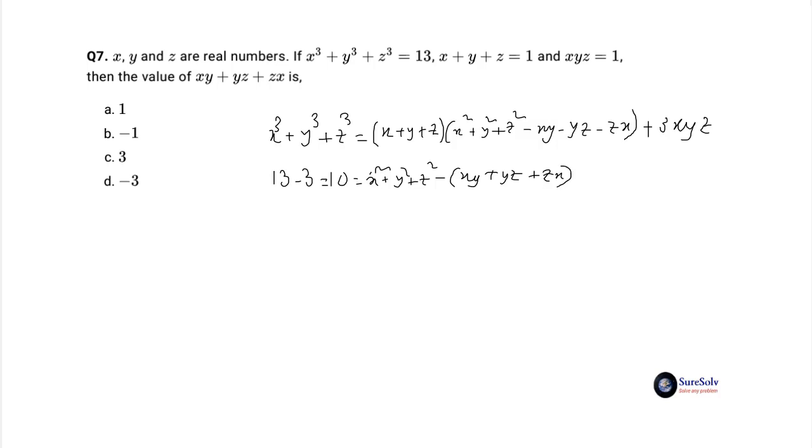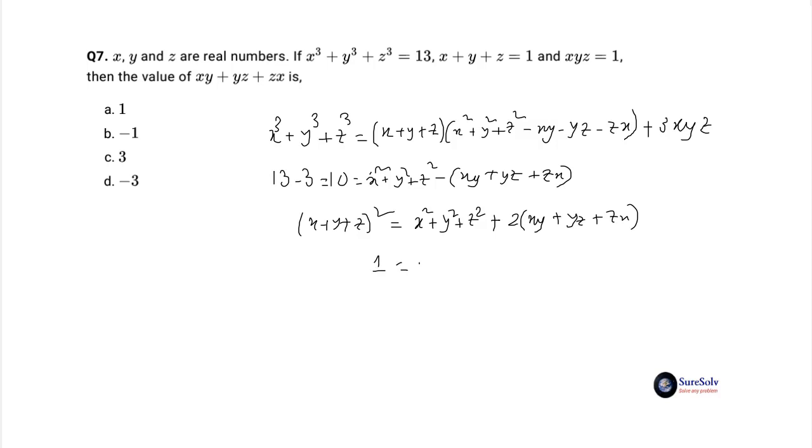You still have to evaluate x square plus y square plus z square. But that is easy. Square up x plus y plus z to get x plus y plus z whole square equal to x square plus y square plus z square plus 2 times xy plus yz plus zx.